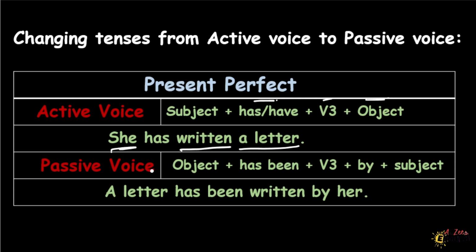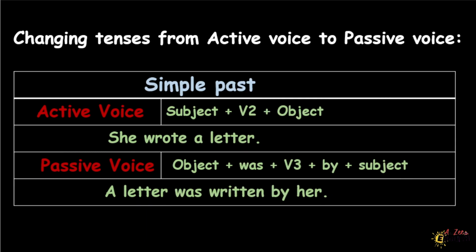So a passive voice sentence structure is object plus has been plus third form of verb plus by plus subject. So if we convert this sentence into the passive voice, a letter, which is the object of the active sentence, a letter has been written by her. This is the passive voice of present perfect tense.